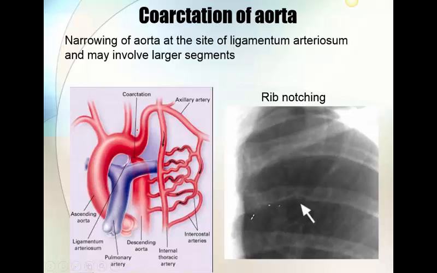On the left side, everything is normal as far as the subclavian and the common carotid. Here's the left common carotid. Here is the left subclavian artery. And this left subclavian artery, if you remember, gives off the internal thoracic artery. So this part is all okay.